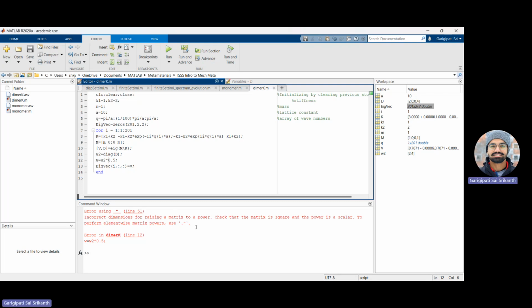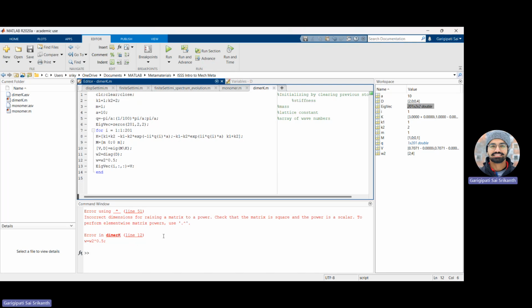W2 is not a square matrix, so how can you square it like W2 cross W2? You can't do it. What we want is to do that operation on each individual element of the matrix.